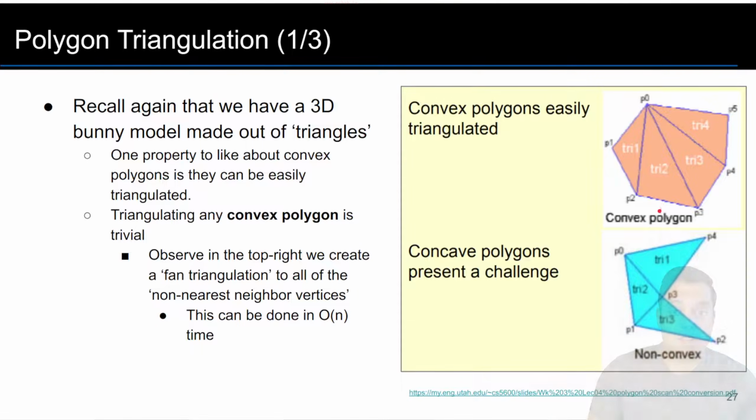But let me show you what happens with our concave polygons, right? If I pick a vertex here and try to connect it to some non-neighbor, well, that would fail, right? We would have to do some sort of test to figure out that not all the points fall in the polygon, so that's an illegal part of the triangulation, so pick some other edge. So it's not that we can't triangulate a concave polygon, it's just that it takes more work, okay, to get our original triangles.